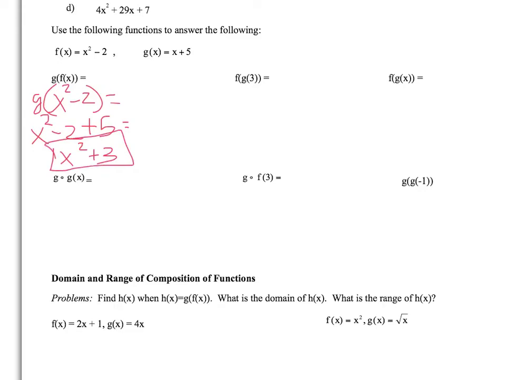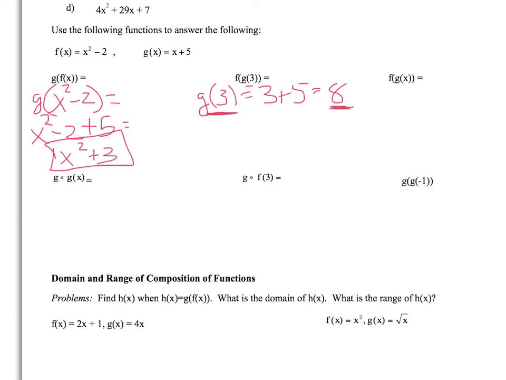Let's look at the next one. The next one has a number in it instead. What I'm going to do first is the inside. The inside says g of 3. So if I just saw g of 3, what I would do is plug a 3 into the x of my g function. So it would be 3 plus 5, which equals 8. Now, I know that g of 3 is really equal to 8.